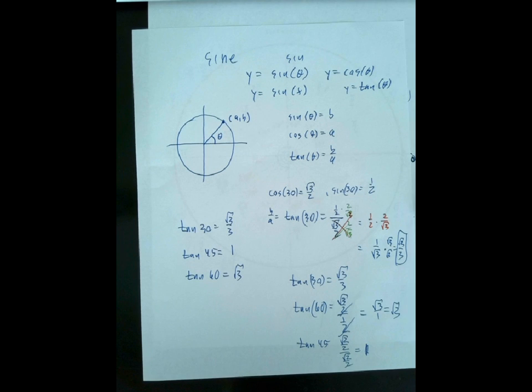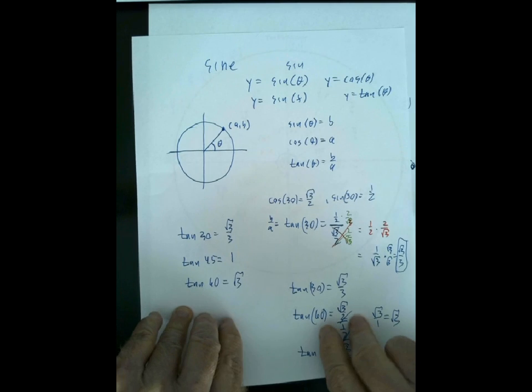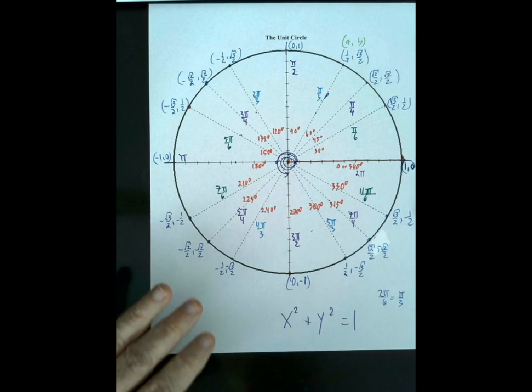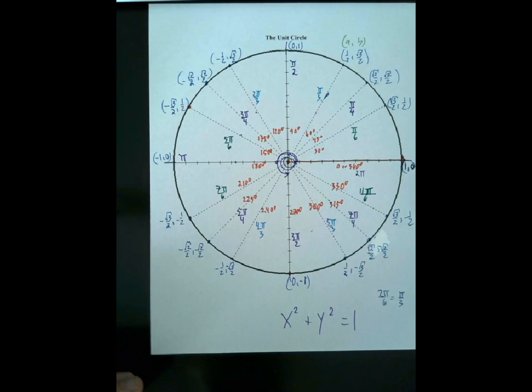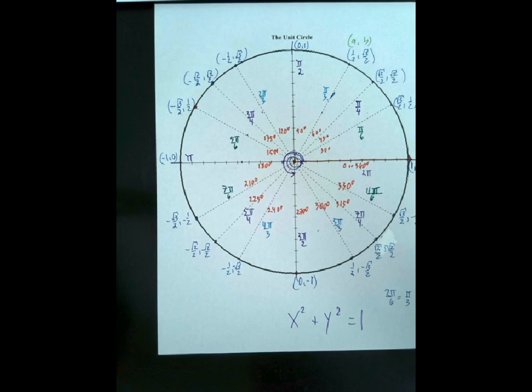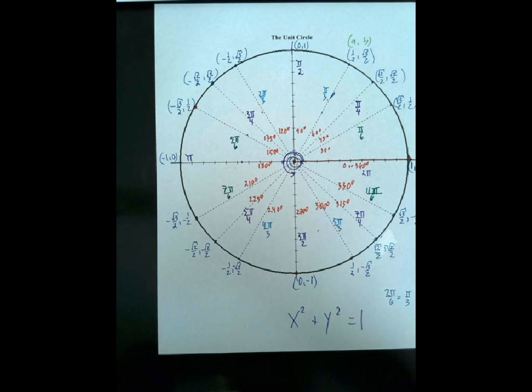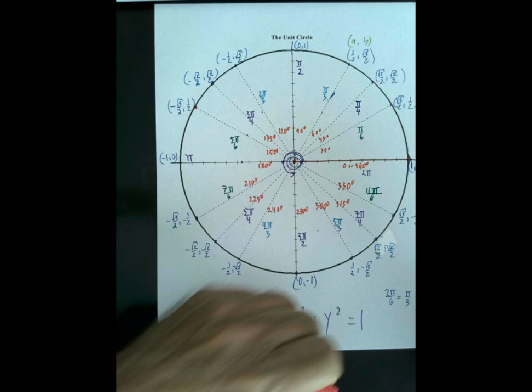Okay, now we're going to fill those out on our charts here. Let's see, what color have I not used yet? I'll use hot pink. So hot pink will be the tangent values, which are b over a.